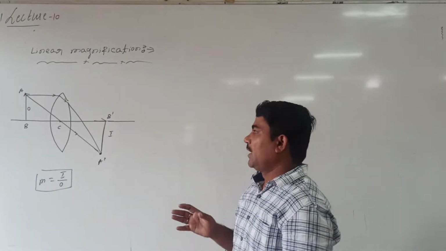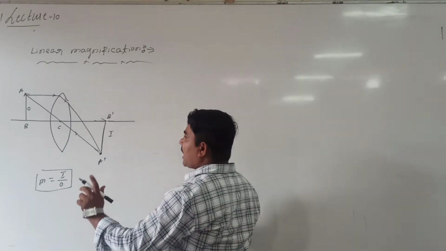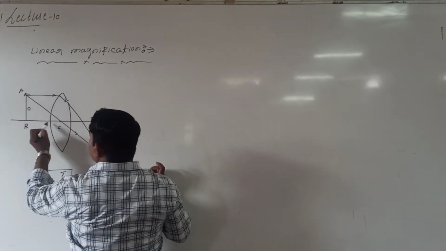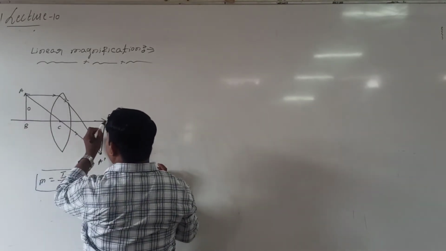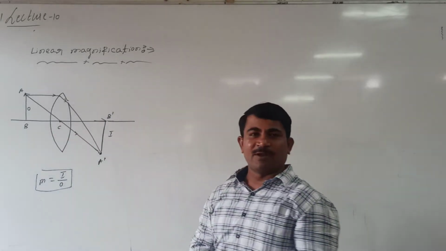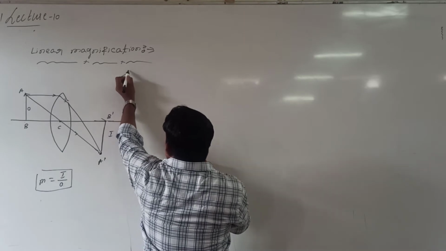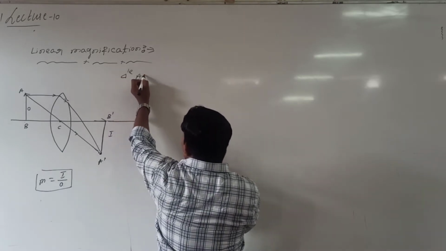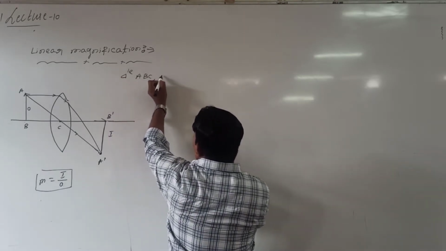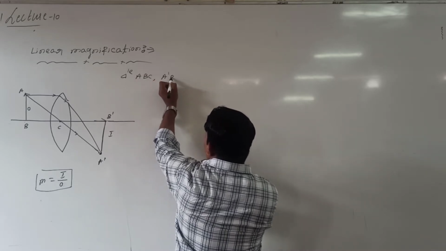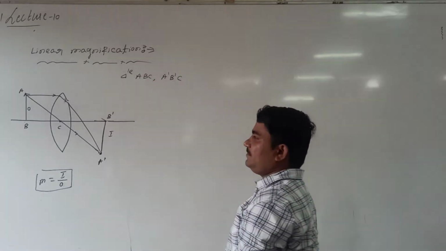In this figure, two triangles look alike: triangle ABC is one triangle and triangle A dash B dash C is another triangle.